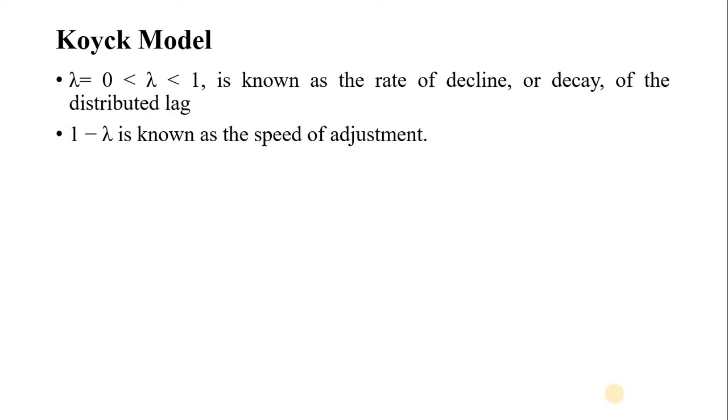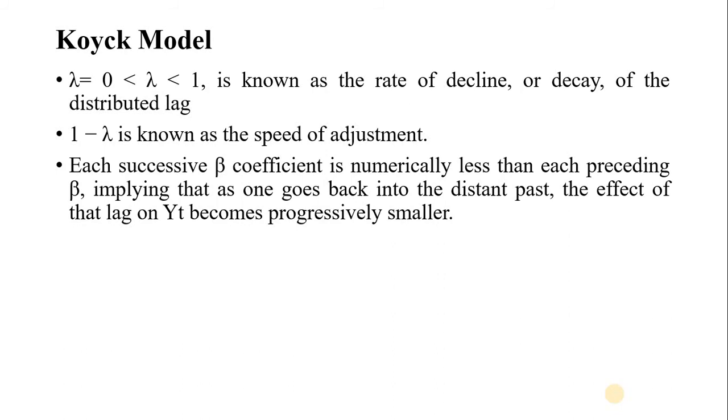Going back, the speed of adjustment parameter. So if lambda is the rate of decline, then 1 minus lambda will be the speed of adjustment. And as the assumption says, each successive beta coefficient is numerically less than each preceding beta, implying that as one goes back into the distant past, the effect of that lag on yt becomes progressively smaller and smaller.